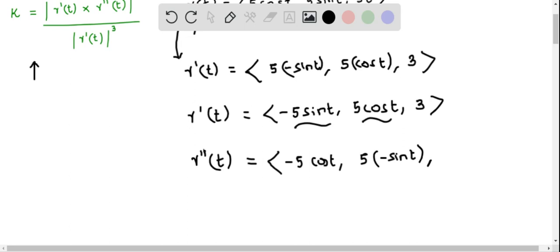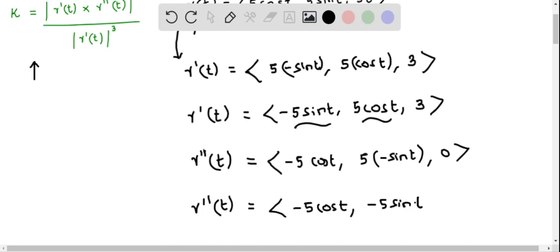And the derivative of 3, which is a constant, is 0. So in simplified form, r double prime of t equals negative 5 cosine t, negative 5 sine t, 0.